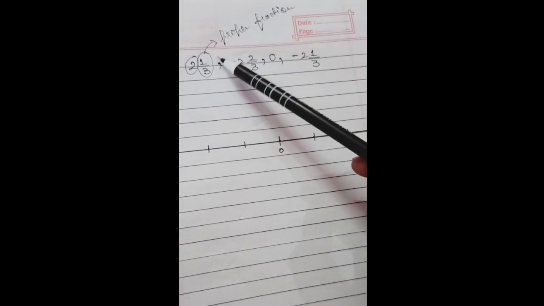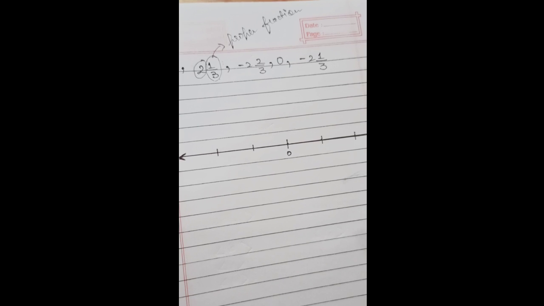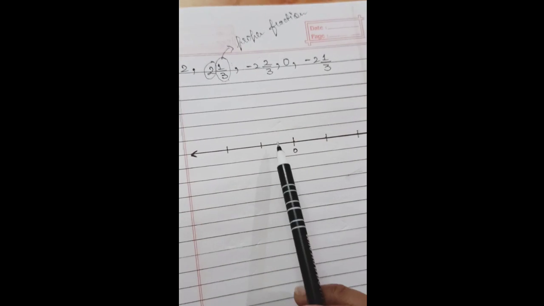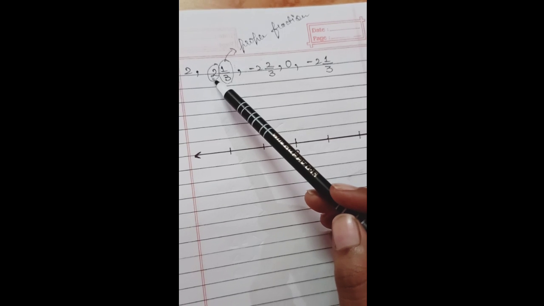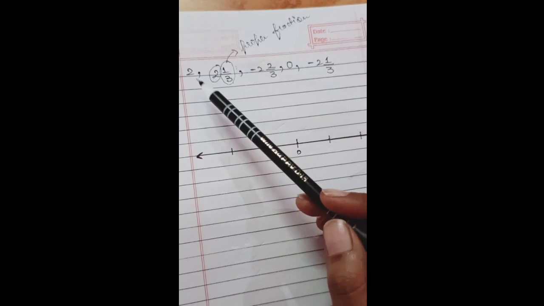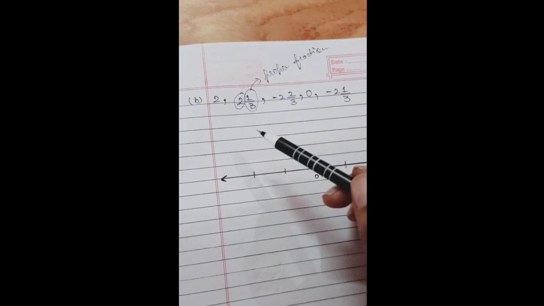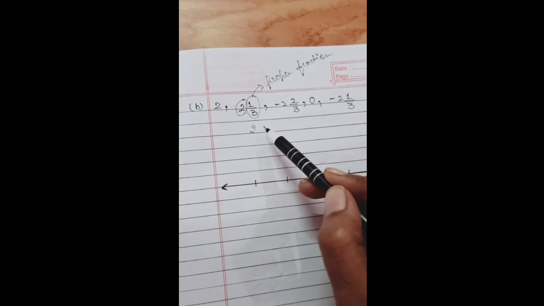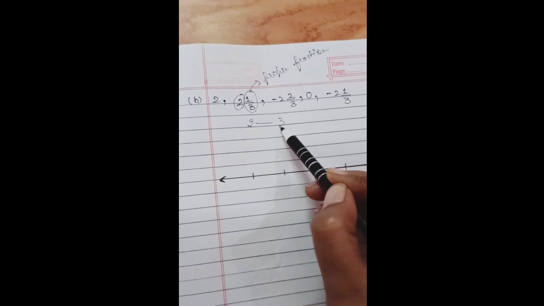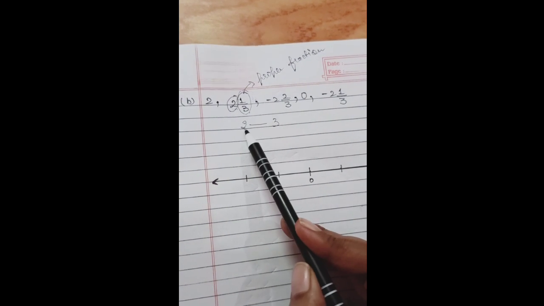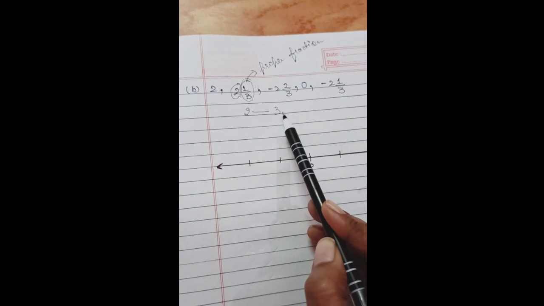So this 1 by 3 lies between itself and the next number. Between itself means between 2, and the next number is 3. So this 1 by 3 lies between 2 and 3.